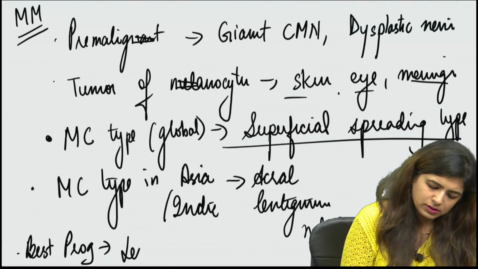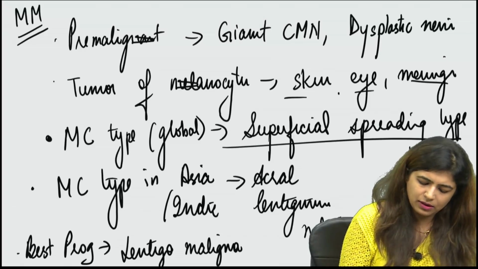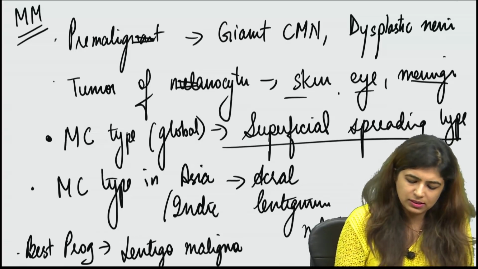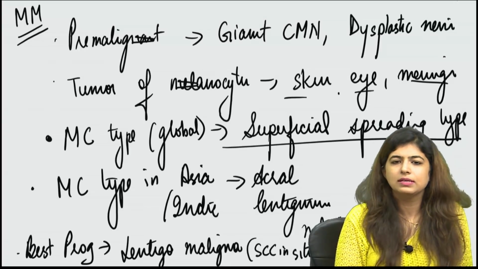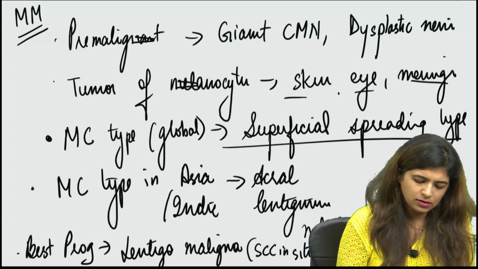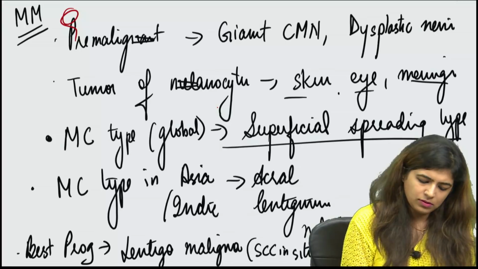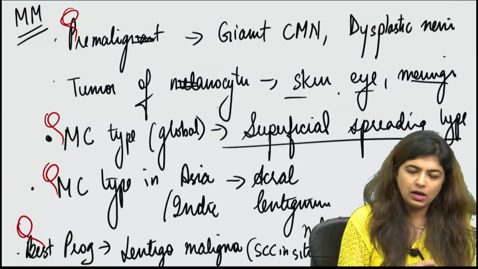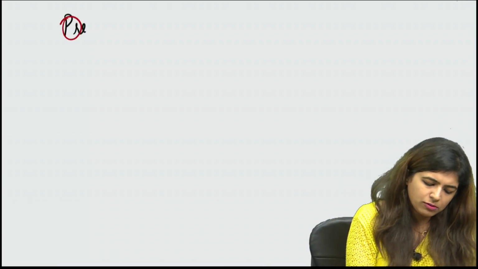The best prognosis is for lentigo maligna melanoma, because this is actually SCC in situ, it has not yet spread. So these are just some important questions that you need to remember about this.